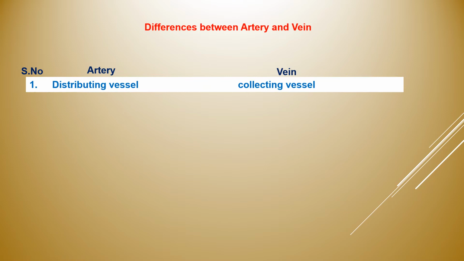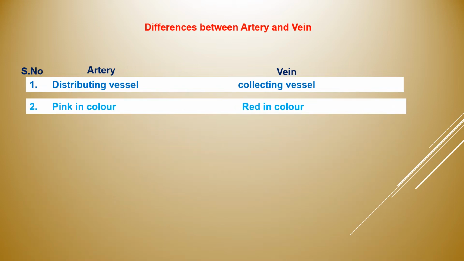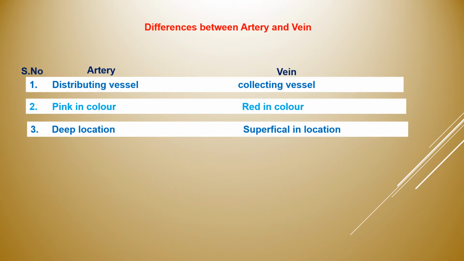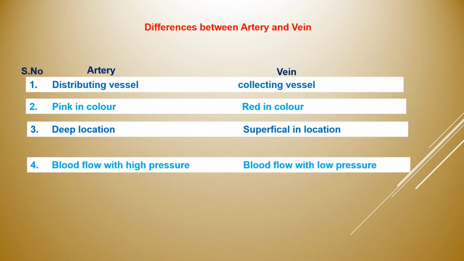Now let us see the difference between arteries and veins. Artery is thick, vein is thin. Artery is a distributing vessel, vein is a collecting vessel. Artery is pink in color, vein is red in color. Artery has deep location, vein has superficial location.